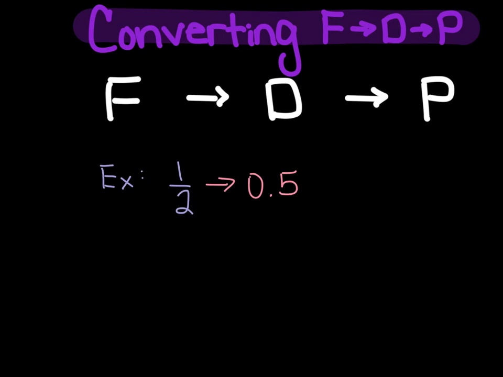Okay, now that we've established the decimal version of 1/2, we're going to find the percent of 1/2, or 0.5, okay? By the way, we pronounce this 5/10 because this is the tenths place. Okay, so how do we turn a decimal to a percent?